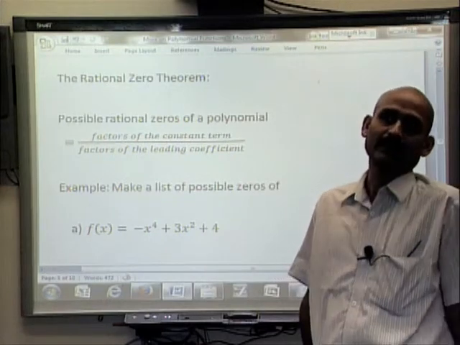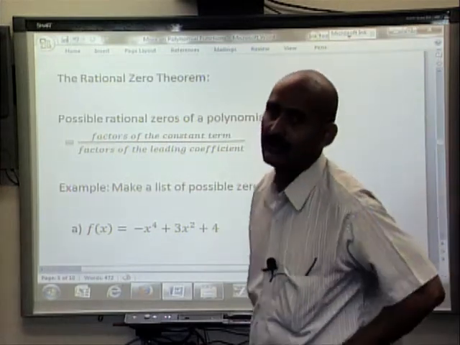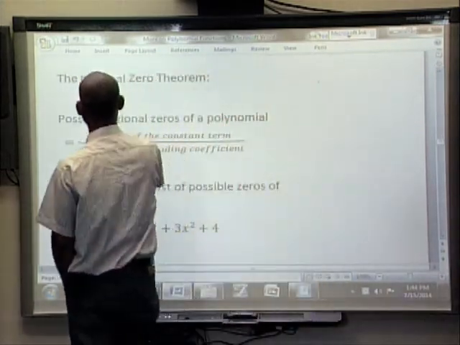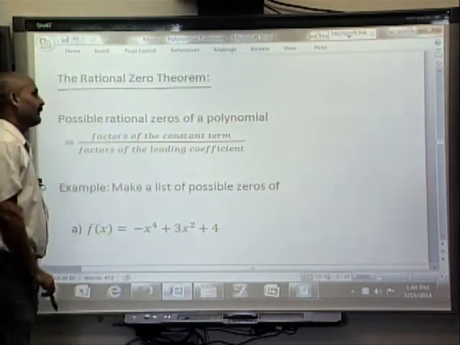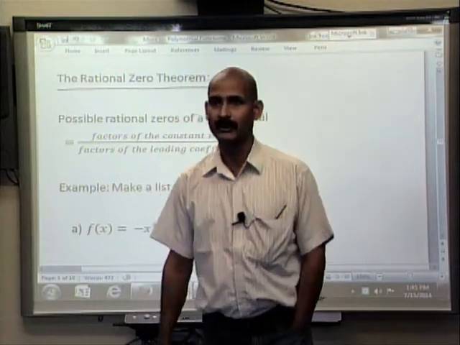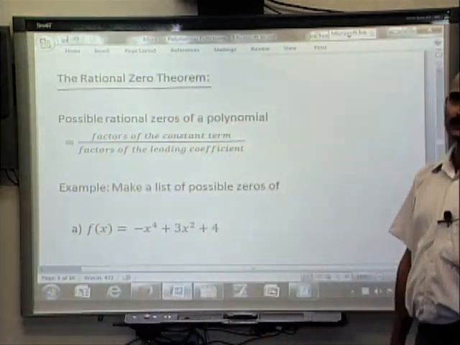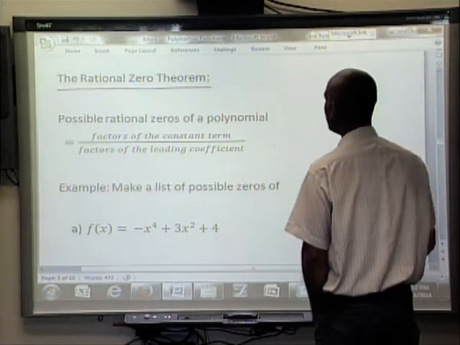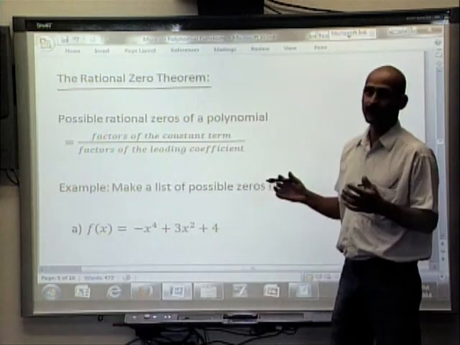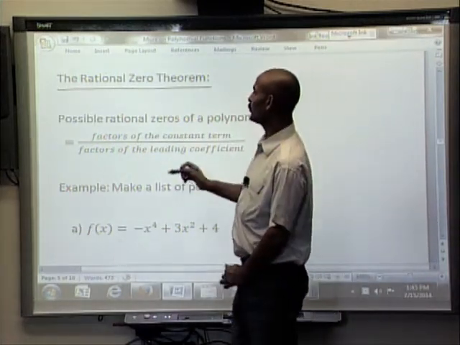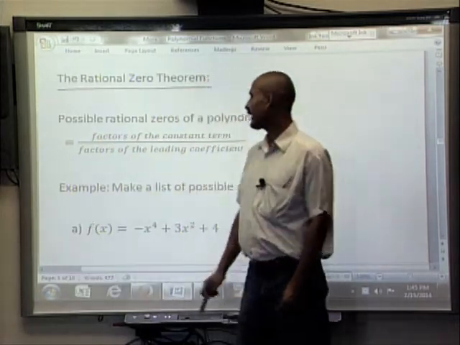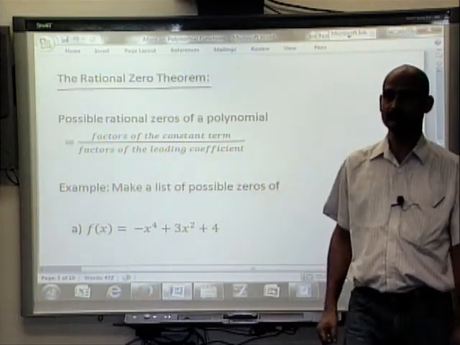in factoring polynomial functions. So, the other theorem is called the rational zero theorem, and I am writing a very informal statement of it here. According to the rational zero theorem, if there is any rational zero of a polynomial, the rational zero should be in the form of a factor of the constant term over a factor of the leading coefficient.